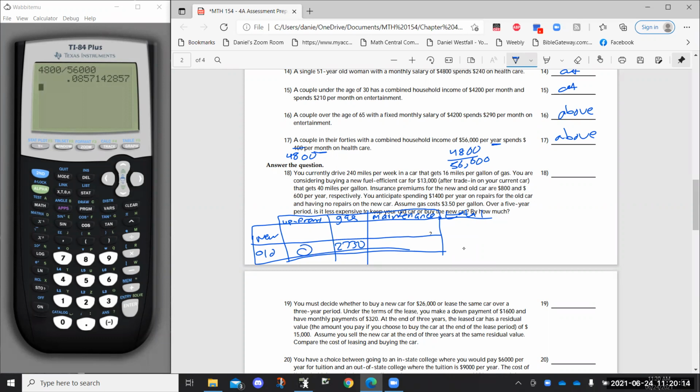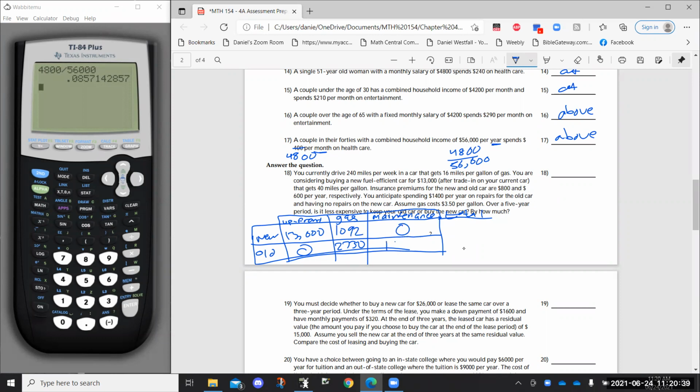My new fuel efficient car, I'm going to be paying $13,000 upfront for it. Its price for gas is only $1,092 a year if I multiply all that out. I don't expect to spend anything on maintenance on the new car because of its warranty.